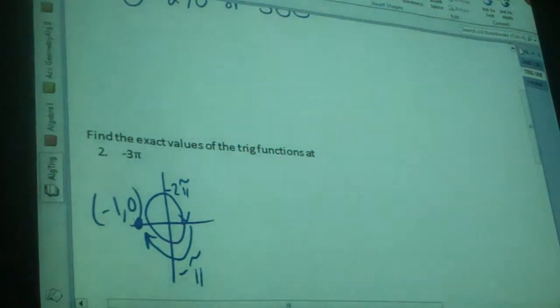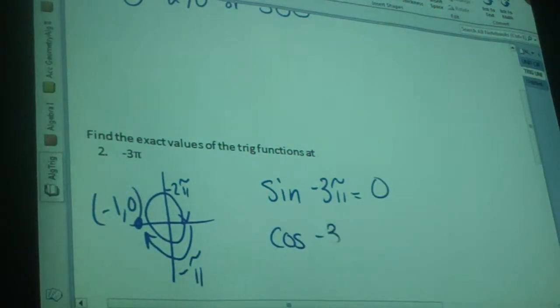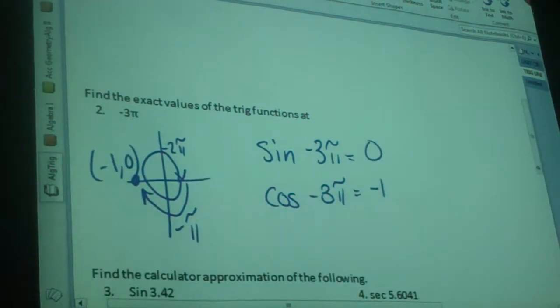And if it wants the exact trig values of that, we know that sine of negative 3 pi is what? 0. Cosine of negative 3 pi is? Negative 1. What's tangent going to be? 0.